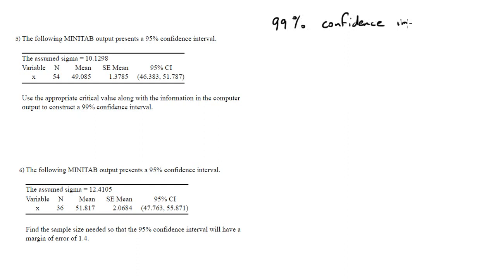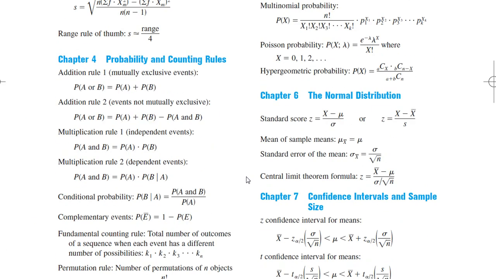Well, we want a 99% confidence interval. Okay. So let's go to the formula sheet and look at what information we need in order to create a confidence interval.